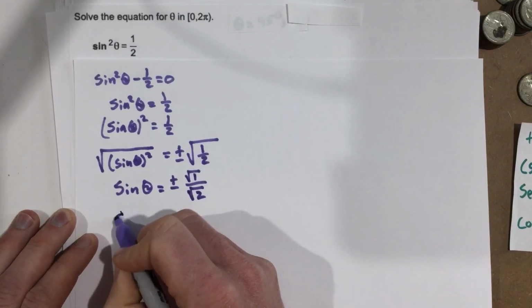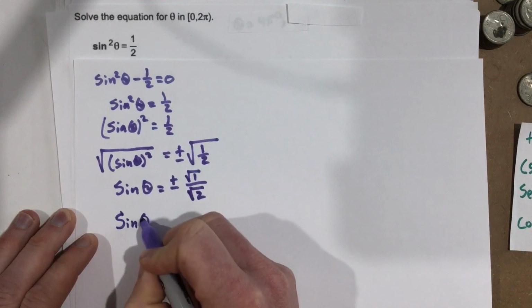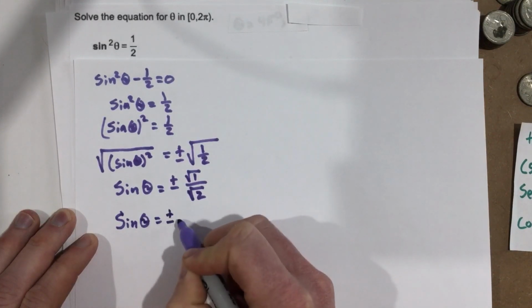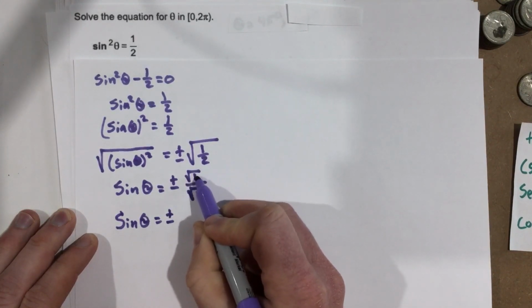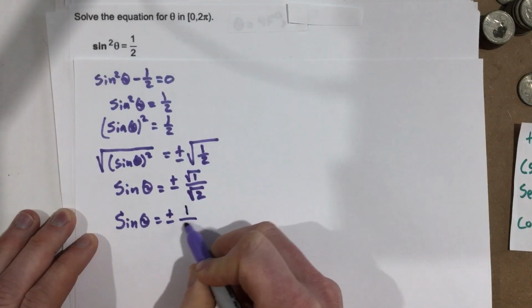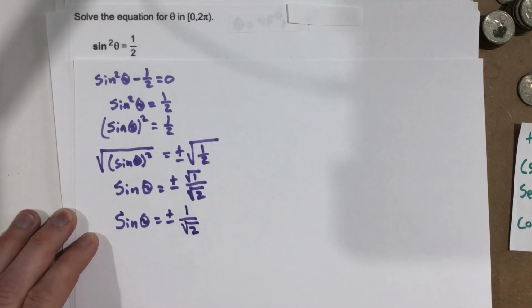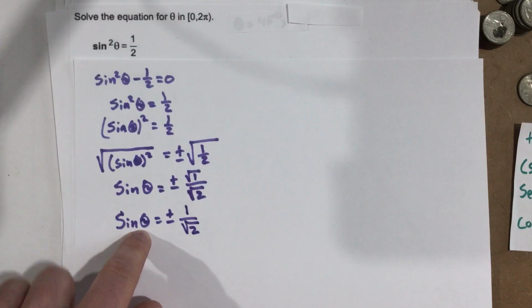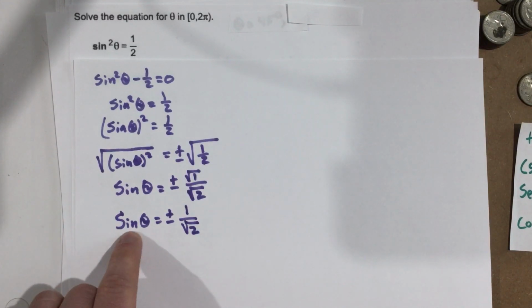So this means I have sine theta equals plus and minus root of 1 is 1, so it's 1 over root 2. Now at this point, that's when I want to start to find my angles that correspond with the sine function.